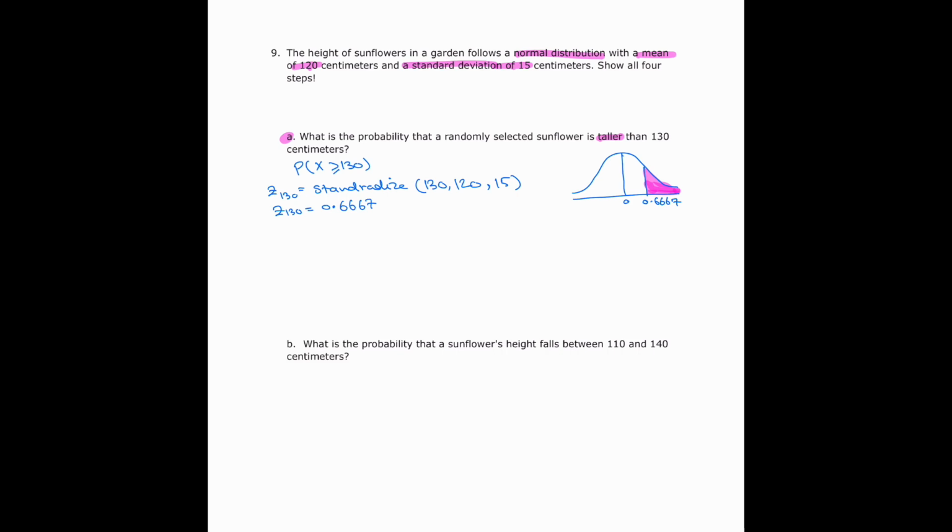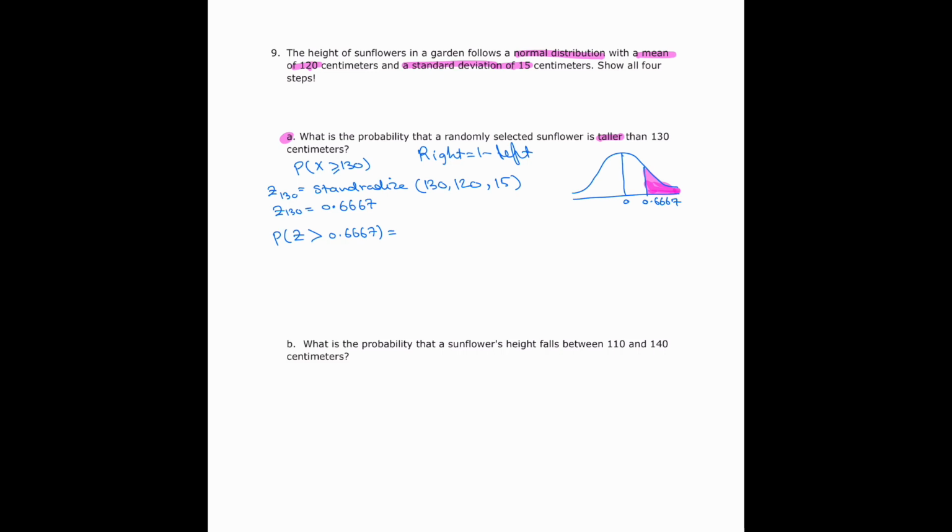Now, because we want to find the area to the right of 0.6667, we're going to use 1 minus norm distribution, because the area to the right equals 1 minus the area to the left. The normal distribution function only computes the area below. It doesn't compute the area above, which means it's only going to compute the area to the left, not the area to the right.